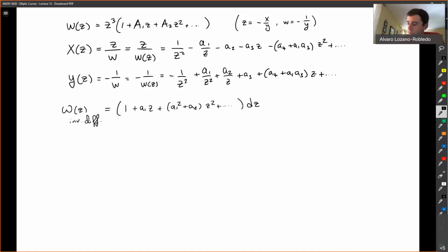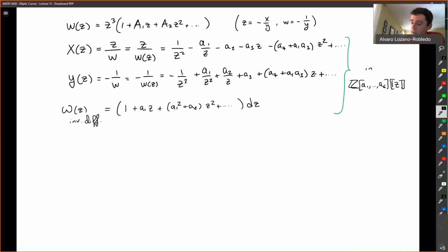And all three of these are in this ring of power series with coefficients in A1 through A6.